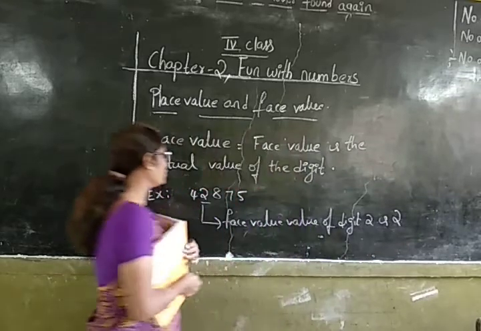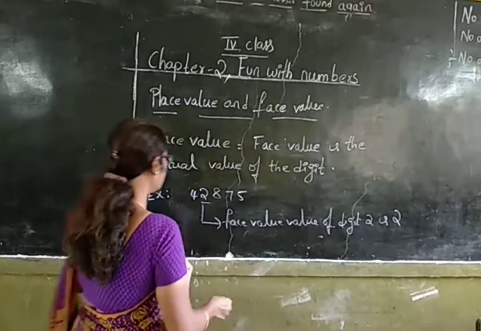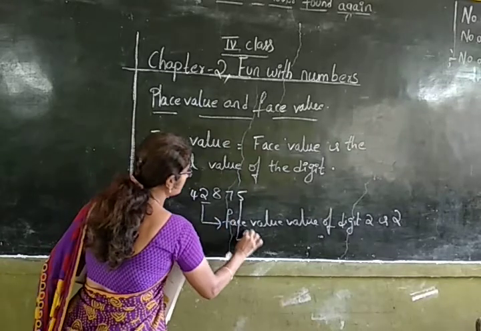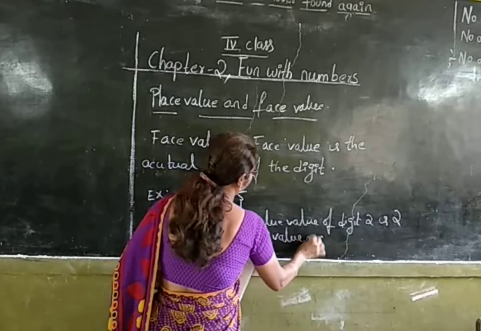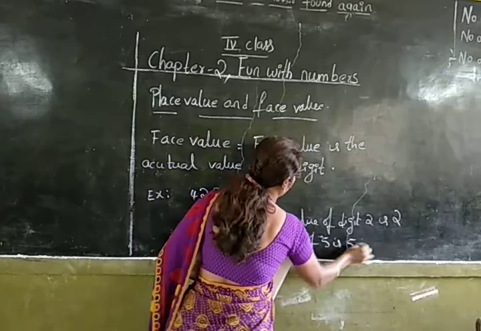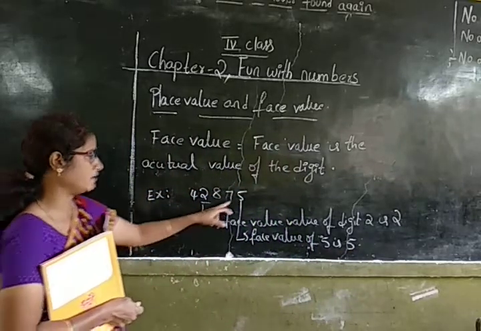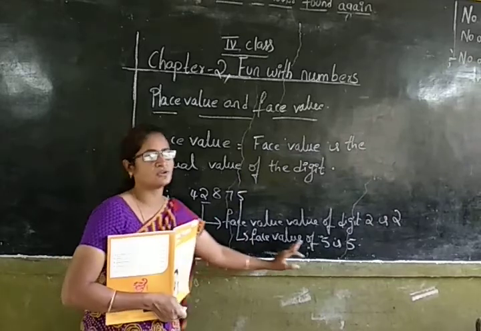So 2 is the actual value of this digit. Similarly, the face value of 5 is 5, because the actual value of 5 is 5, so its face value is also 5.